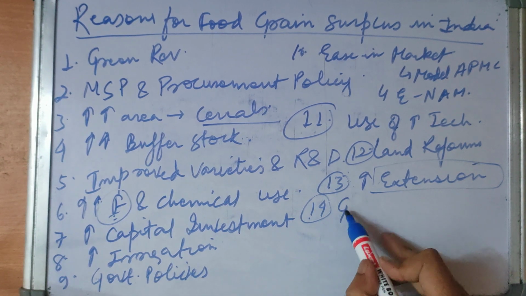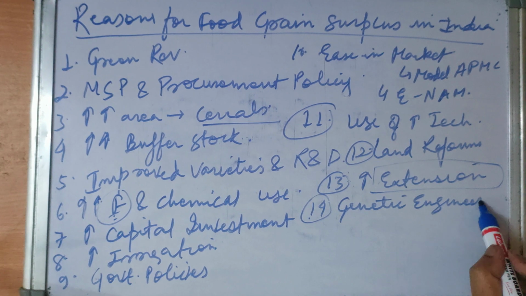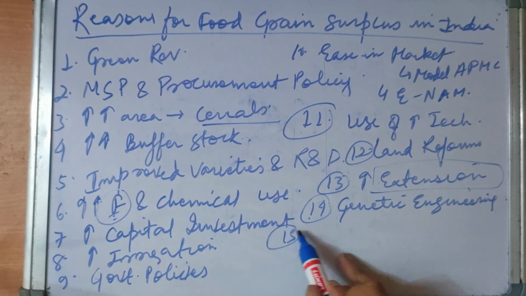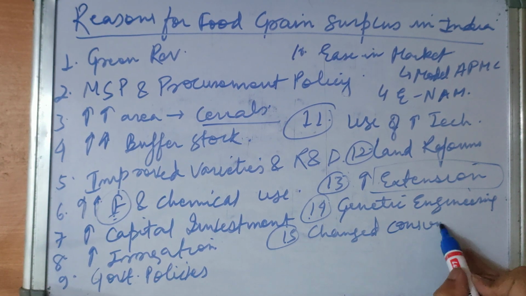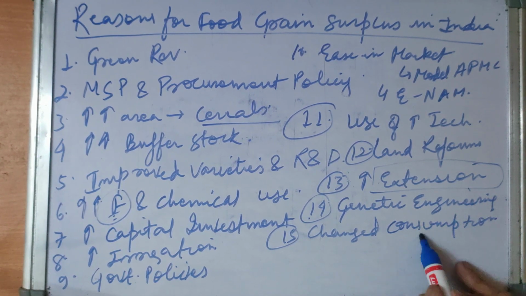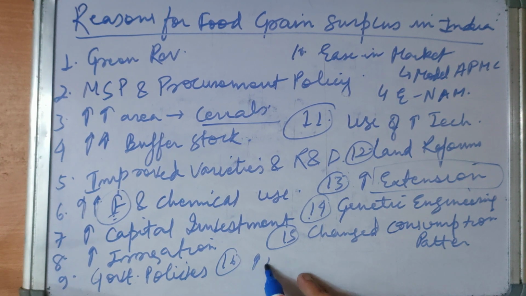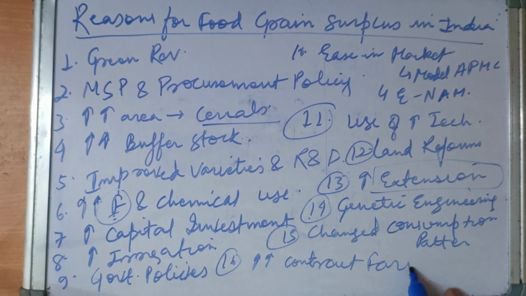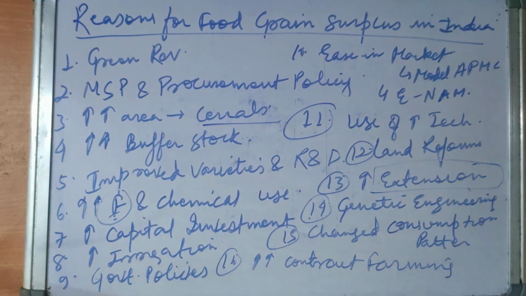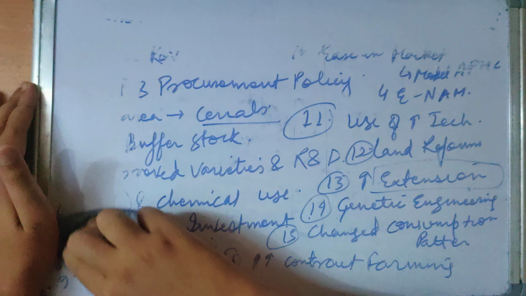Genetic engineering. Changed consumption pattern. Increasing contract farming system. So these are the major reasons for food grain surplus in India. I hope you all understand. Due to these reasons, we are now food grain surplus.